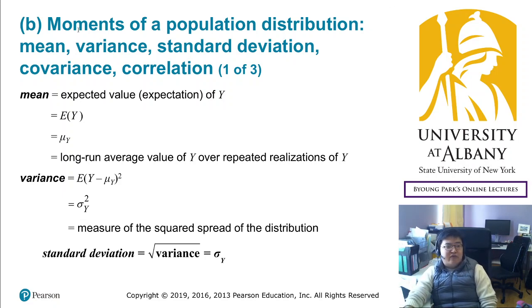Also from the population distribution, we can calculate these measures: mean, variance, standard deviation, covariance, correlation. They are expected values of something.